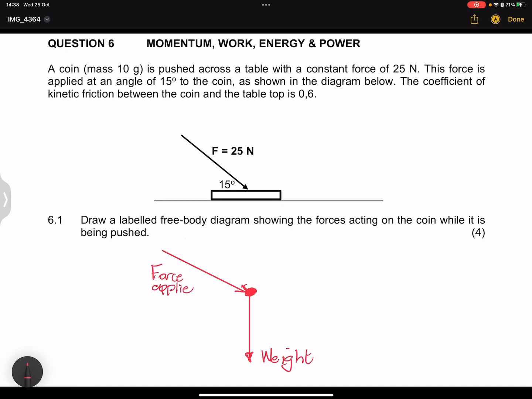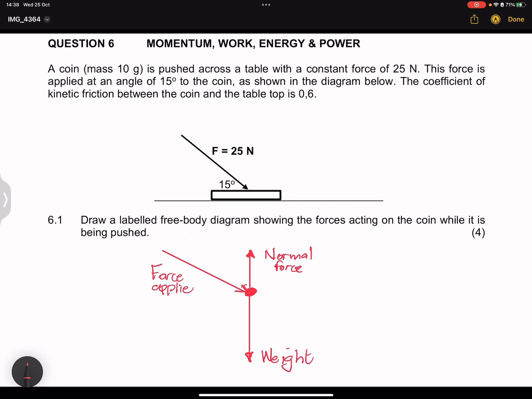And now I've got the normal force in this case, which is going upwards. So that's the normal force. Those are the forces that are acting on the coin.